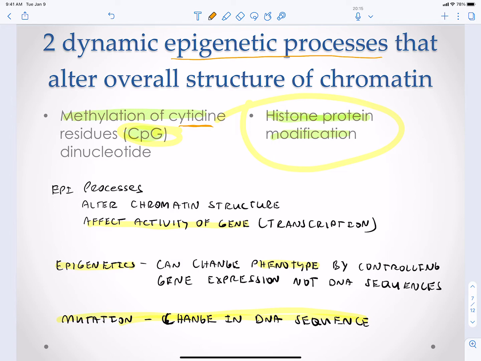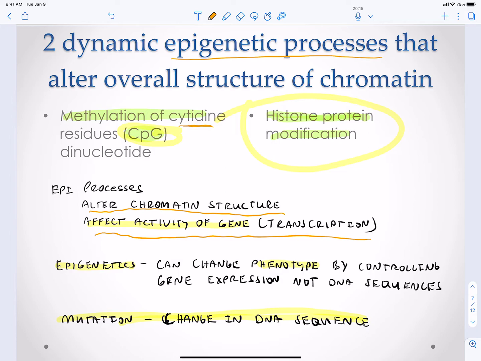So epigenetic processes are going to alter the chromatin structure. Again, it's by making some areas more densely packed so they're not going to be transcribed and translated into proteins, and other areas are going to be more loosely packed. They're going to affect the activity of genes because they're going to allow hepatocytes to only express liver proteins, and neurons to only express neuron proteins.